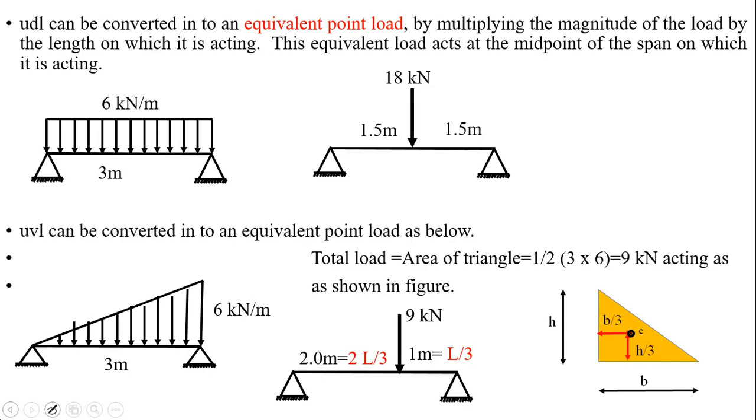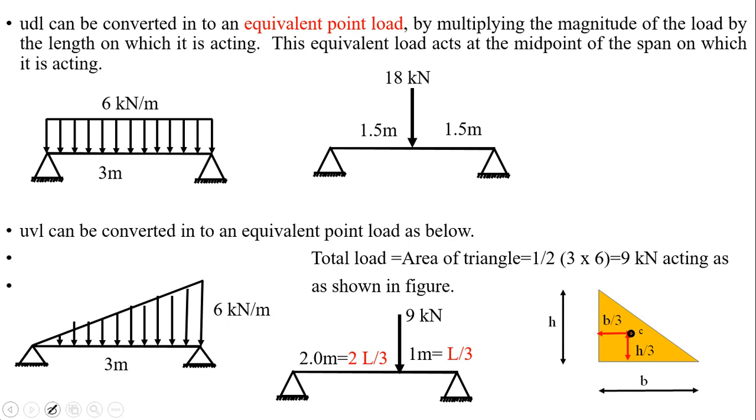Now whenever we want to analyze a problem, all the different types of loads have to be converted into a point load, because when we are considering the conditions of equilibrium, that is summation of Fx and summation of Fy, the load should be acting at a single point, and in the case of UDL and UVL, the load is acting or varying through the span.